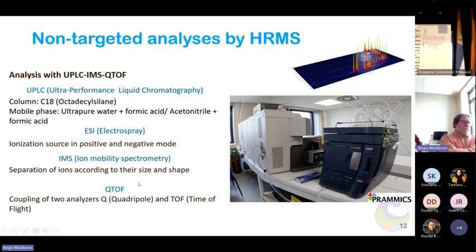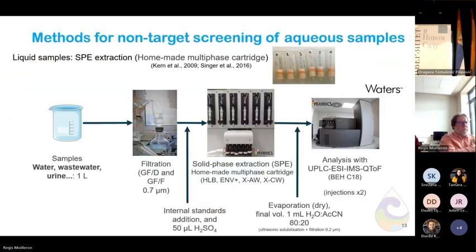But the specificity of this instrument is that we also have ion mobility spectrometry, which is an additional separation of ions based on their size and shape. So it's another layer of separation to identify more easily the molecules.